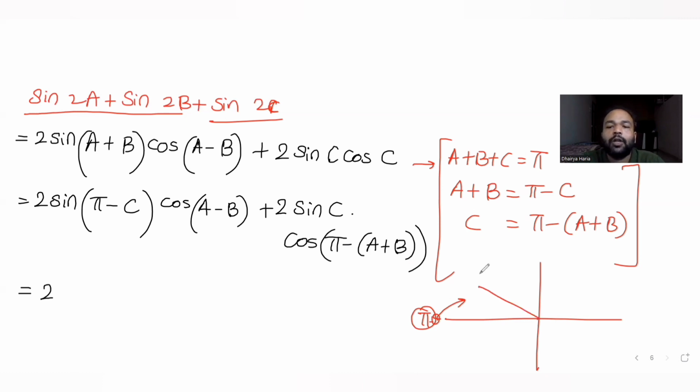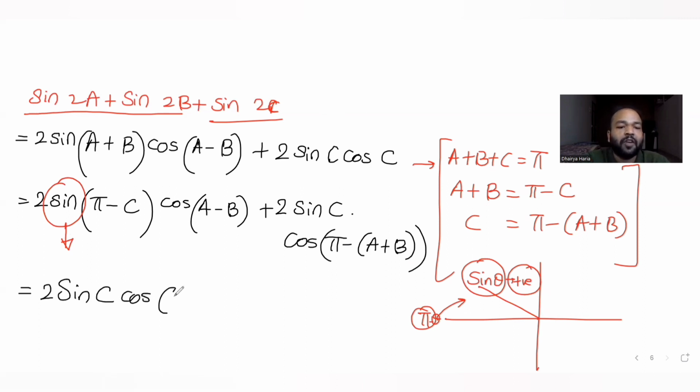In the second quadrant, sine theta is positive and the ratio of sine remains the same. So you still get sine of c here into cos of (a minus b) plus 2 sine c cos of pi minus (a plus b). So cos of pi minus theta will still remain cos only, but we already know that in this, cos theta is negative.